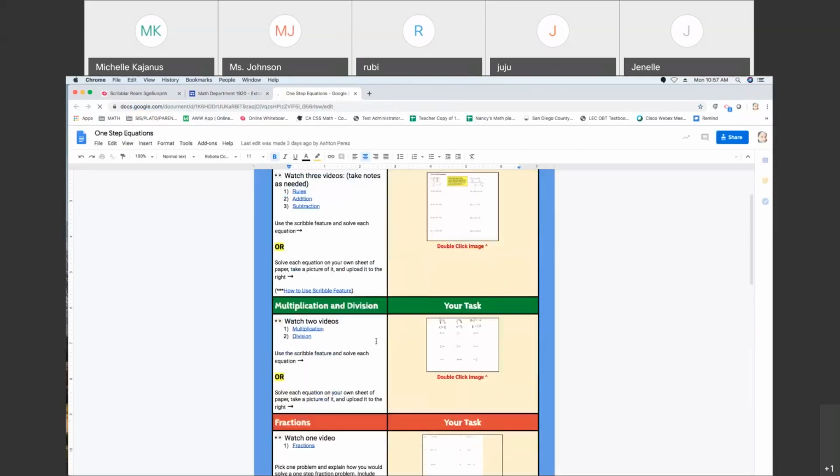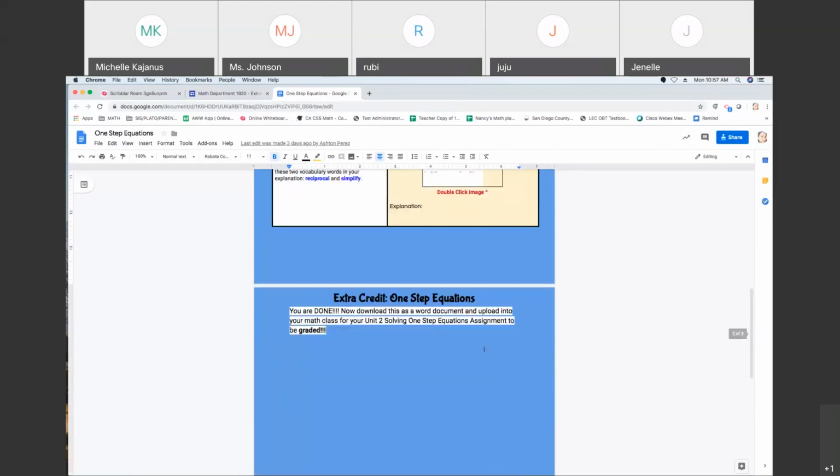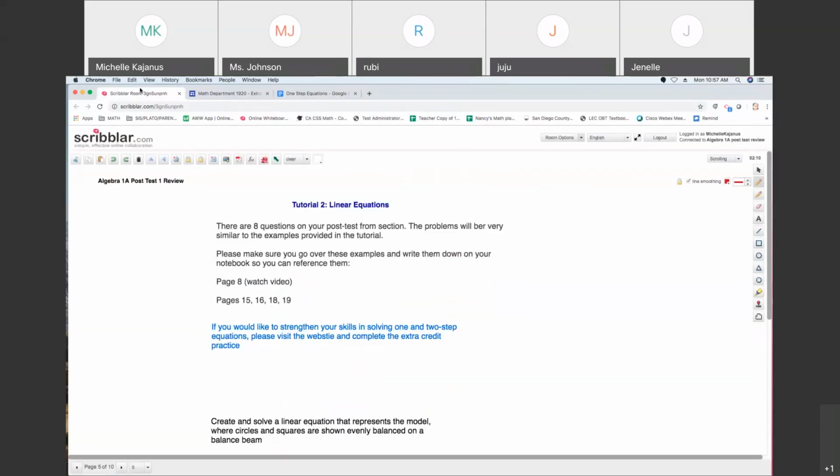This is very similar to the format that your Khan Academy activities are in. Instructions are on the left side. What you have to do is on the right side. It has videos if you need extra practice. If you need any help or would like to complete it, please let me know and I'll be happy to navigate this document. But anyways, back to the post review.